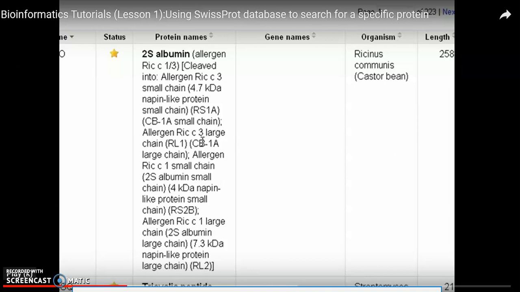He's searching for a specific type of protein. We can find this protein in human and other organisms. That's why we have 200 and above results, and we can see the length of the sequence of this type of protein. He will start to use other keywords, so he will minimize the number of results of his search.